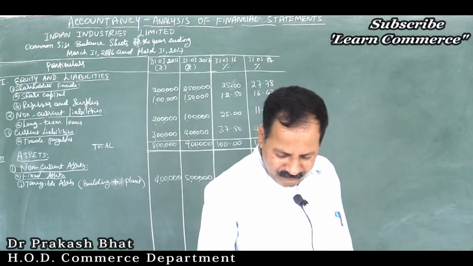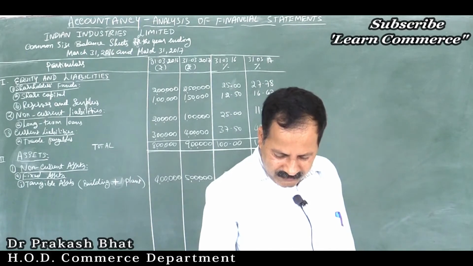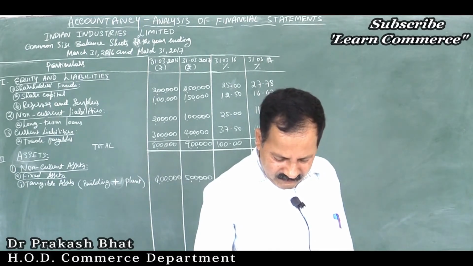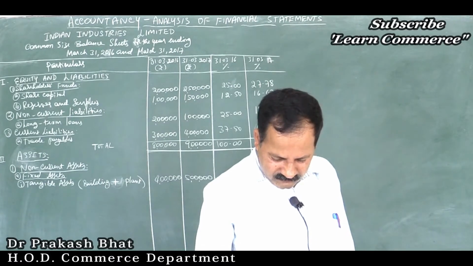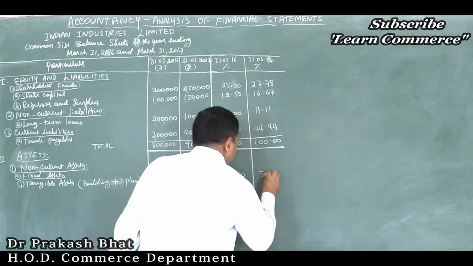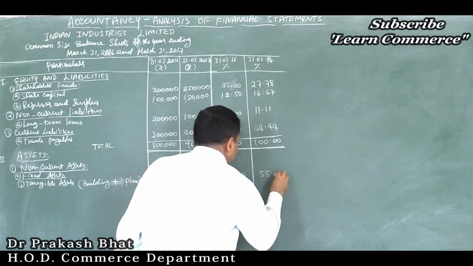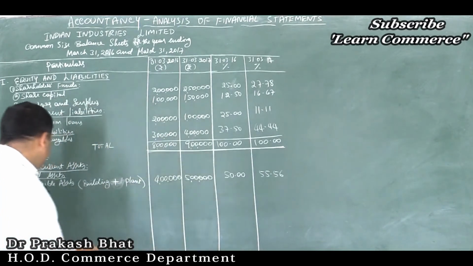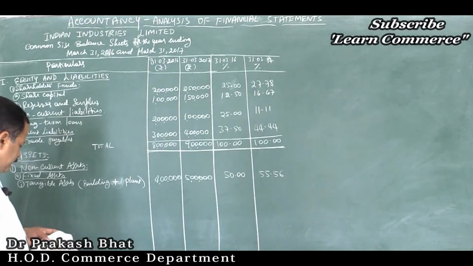Calculate 5 lakh into 100 divided by 9 lakh. 55.555 it comes. So I change it as 55.56. It's done. Tangible assets over.